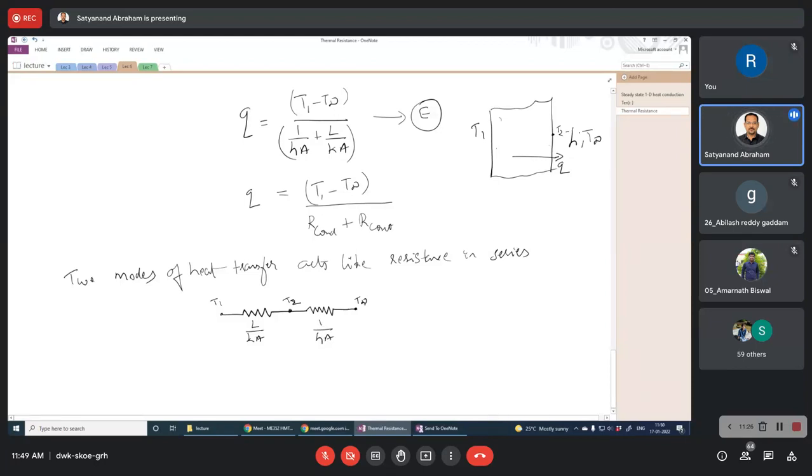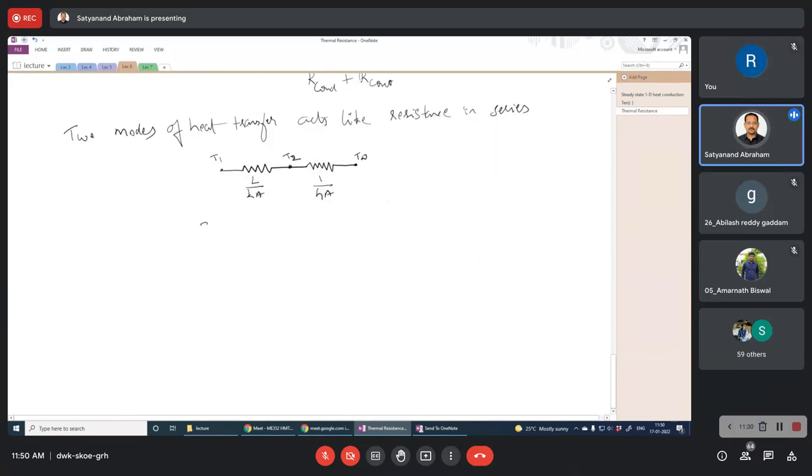So using this electric analogy, you can directly write the potential, that is (T1 minus T infinity) divided by (L by Ka plus 1 by hA). So directly you can find the heat flux. That is the beauty of this resistance analogy. Basically, from this condition, you will not get the temperature profile with it.